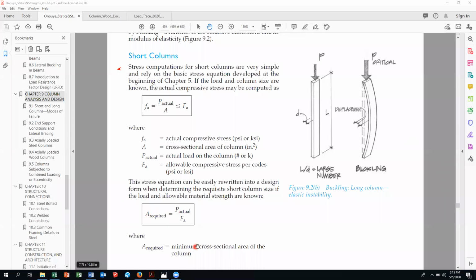It's what they call the minimum cross-sectional area of the column. You can also do that in the bending stress formula. Actual bending stress equals M over S, moment over section modulus. So if you knew your maximum moment and you knew the allowable stress, you could find the minimum required section modulus.